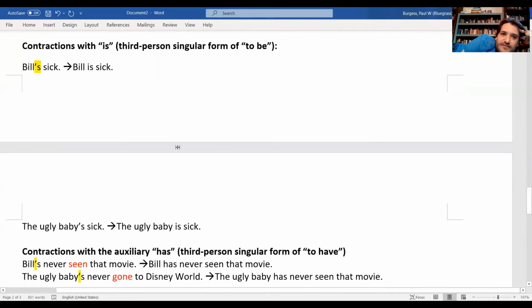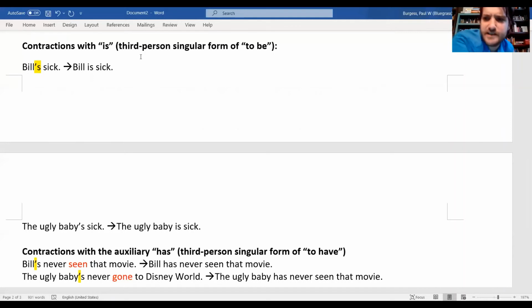Contractions can also sound the same. Bill's sick, the ugly baby's sick. All right, now you might imagine that you always hear native speakers say, Bill is sick. But that's usually in textbooks or when we're trying really hard to pronounce every sound clearly for something like an English class.